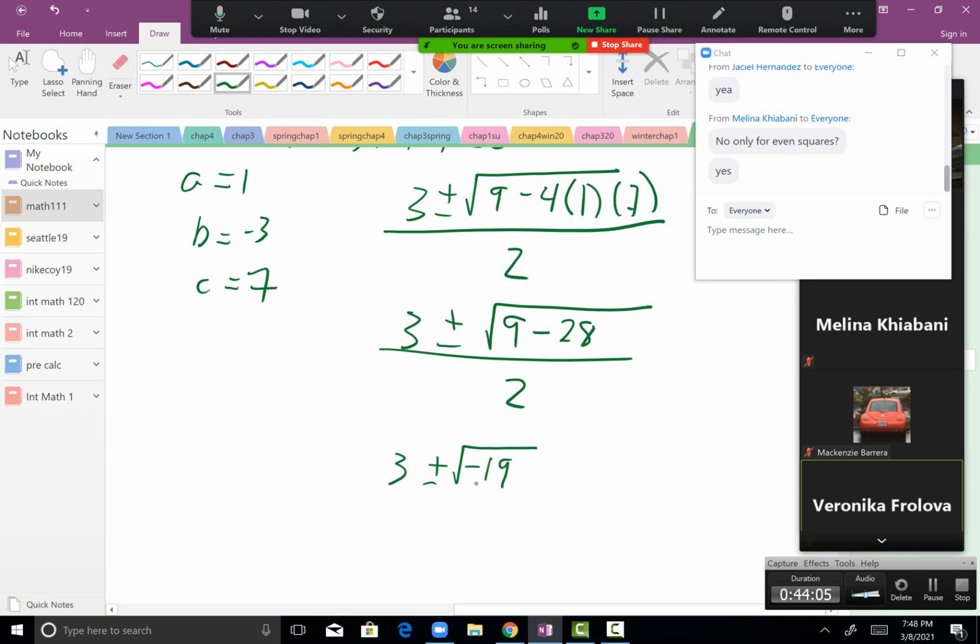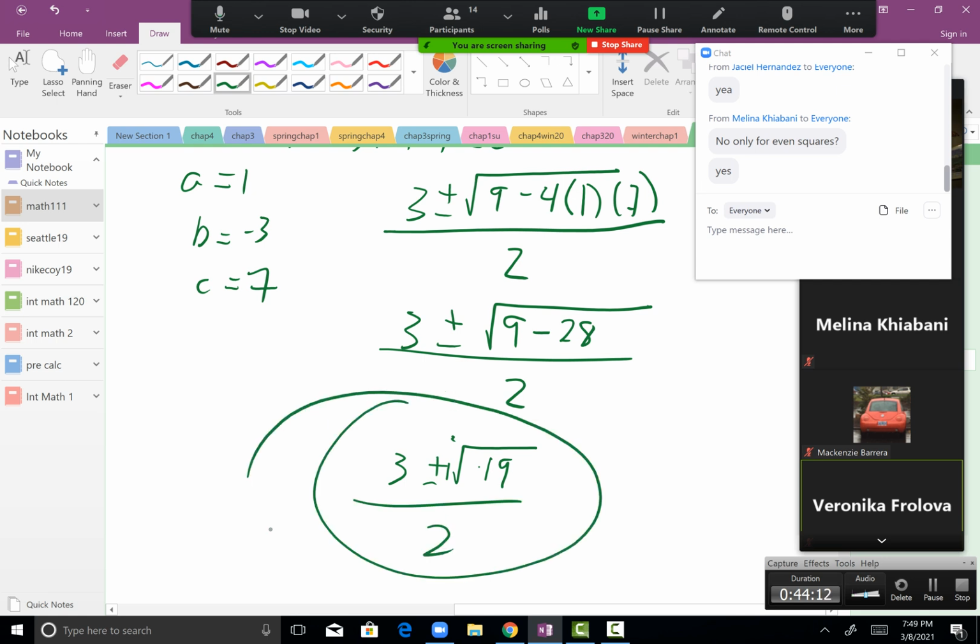So the i is going to come out in front. And over 2. And there's my other one. Okay. So we always have to put i before the square root. Yeah, that's how you write a complex or imaginary number, yes.